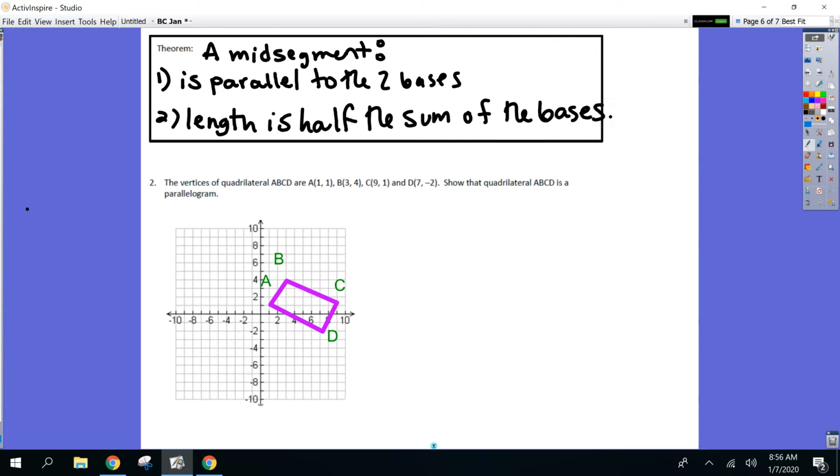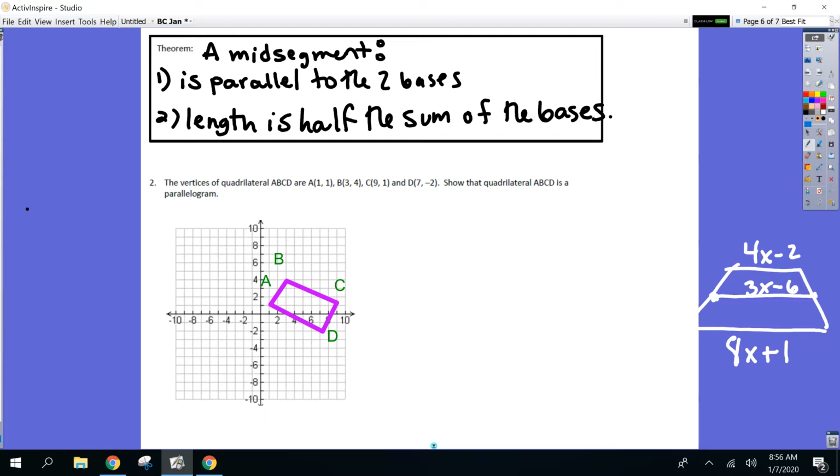All good there? Also be prepared, I may pull this on you too. 4x minus 2, 8x plus 1, 3x minus 6. Find x. Find the length of the mid-segment. So how would I approach that?